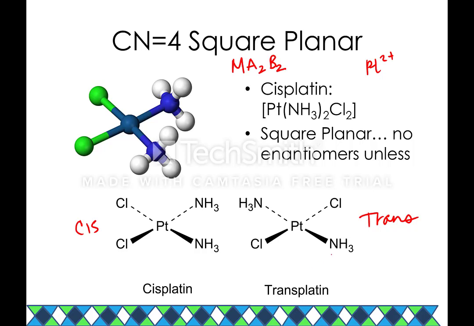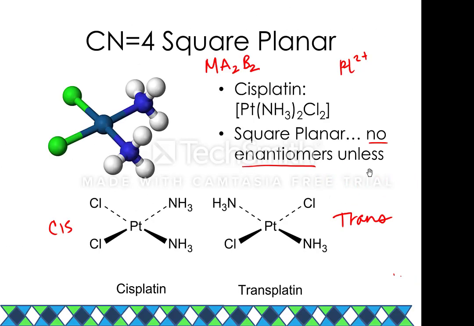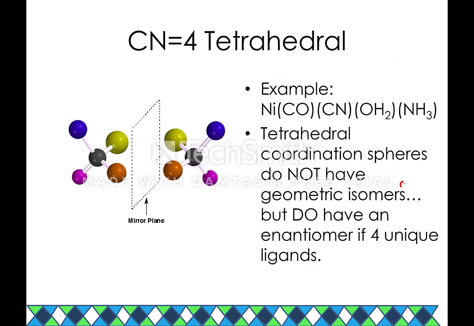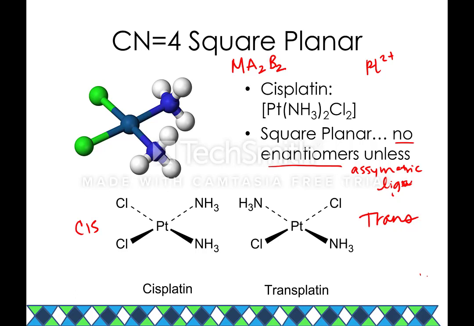But there are no enantiomers ever for our square planar geometry unless we have asymmetric ligands, which will not typically be the case in this class. In other classes you might see that, but in this class, most of the ligands that we use are going to be symmetric.